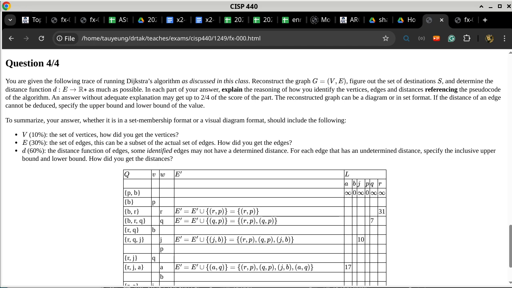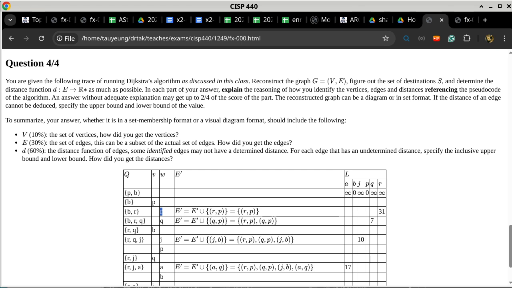The second part: determine the distance function as much as possible. In this case, the distance function is indicated by the L value. Let me highlight and see if I can highlight it. Yeah, there you go.